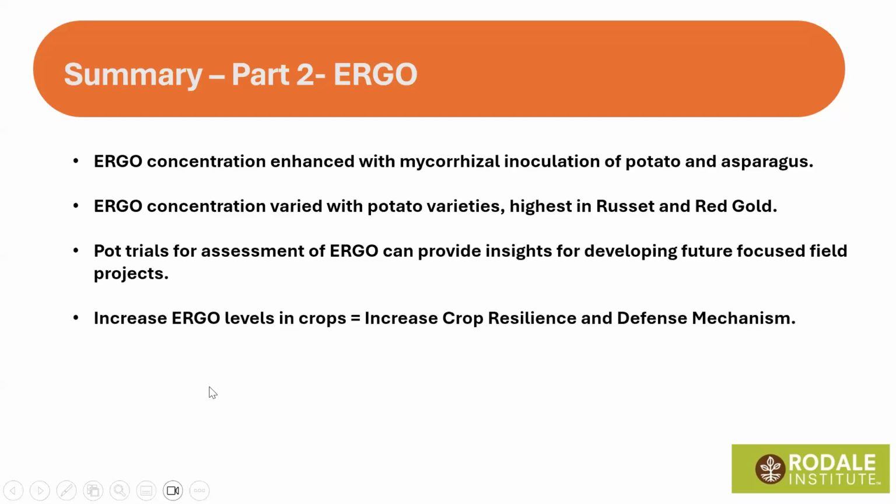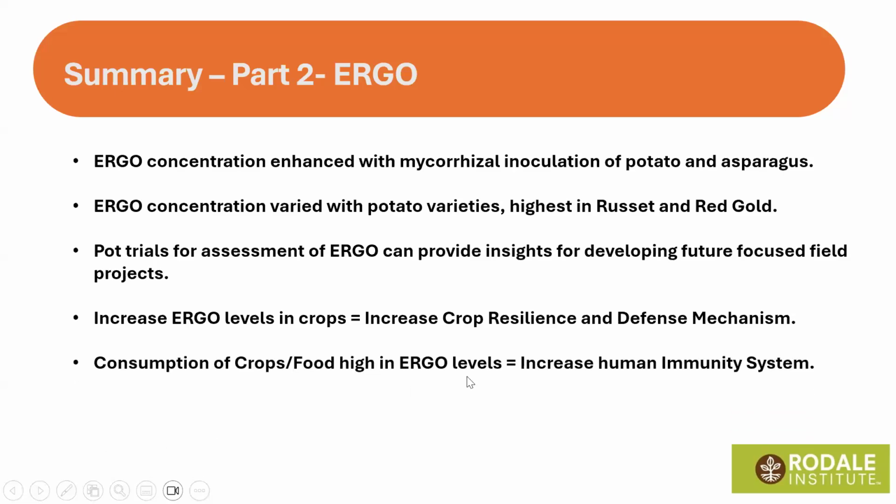And mainly to keep in mind that the more ergothioneine we have in crops, the more crop resilience and defense mechanism there is, and also consuming a variety of food that are high in ergothioneine will increase our human immunity system.